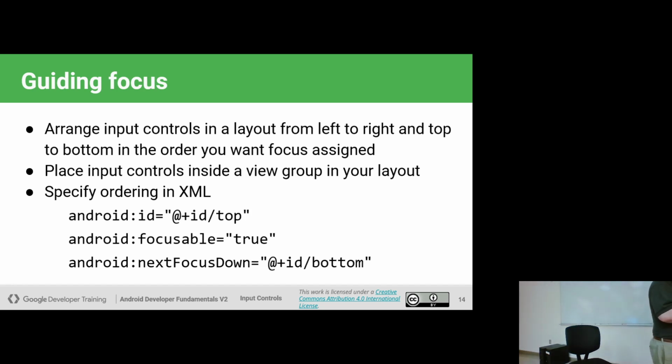So the general rule for giving the focus guidance or hints to make sure it by default picks up the right order: well, first of all, you can order the items in your layout. That can potentially help. But the most important thing is to arrange them visually how you'd like the user to go through, right?